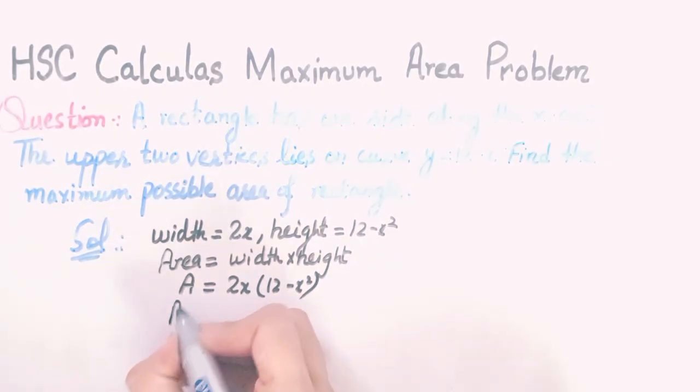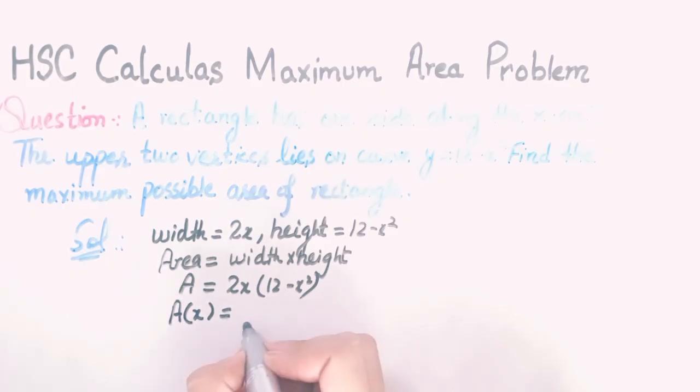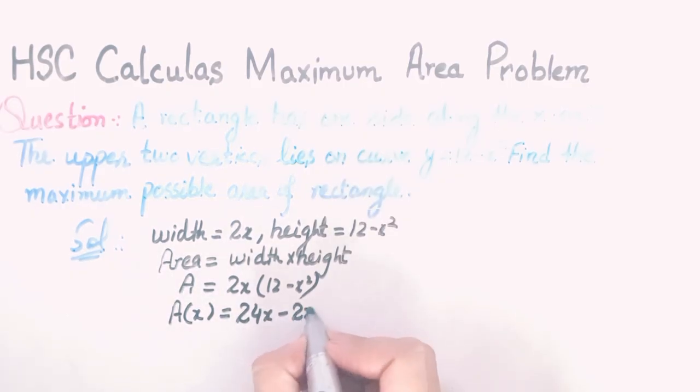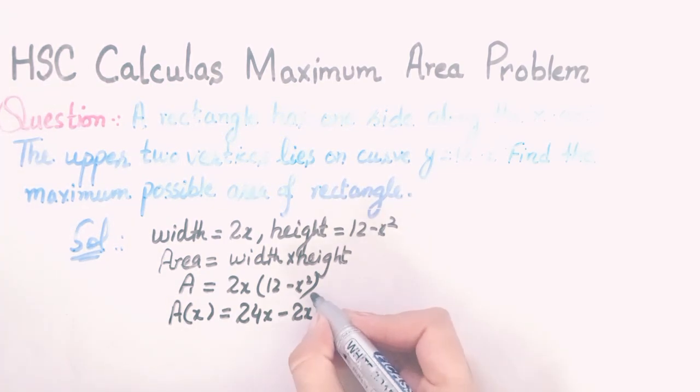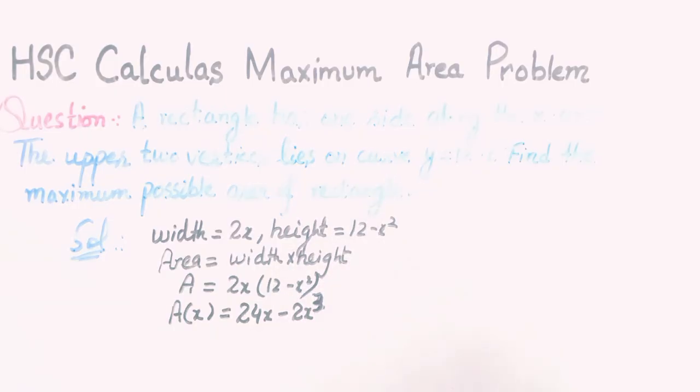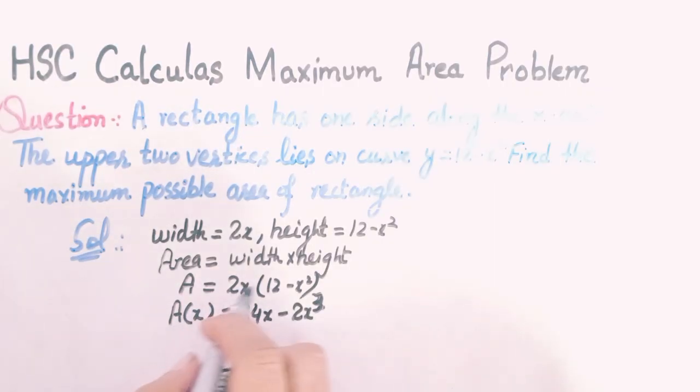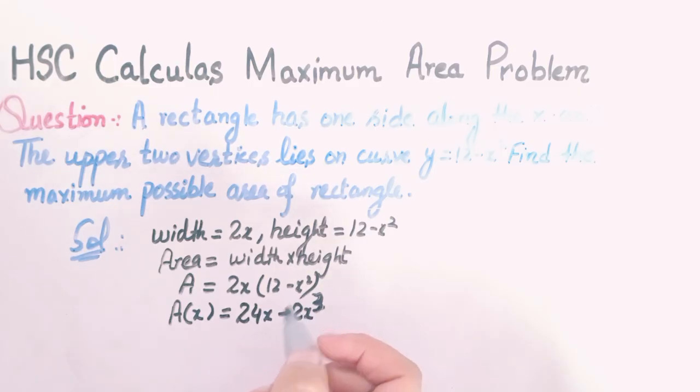Then A of x equals 24x minus 2x squared times x, and x into x squared will be x cubed. Now in the next step, this will be the area. This is the key moment of the problem. We have successfully transformed a messy geometric problem into a clean structured calculus problem.